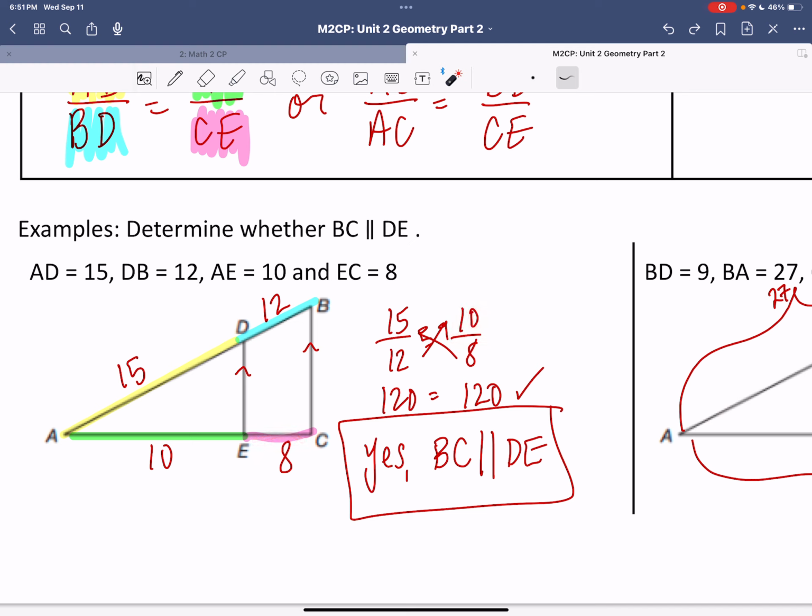And when you cross multiply, you get 120 and 120. Since 120 does equal 120, this is true. So that means yes, BC is parallel to DE. And that's your answer. We're basically proving that these are parallel lines.